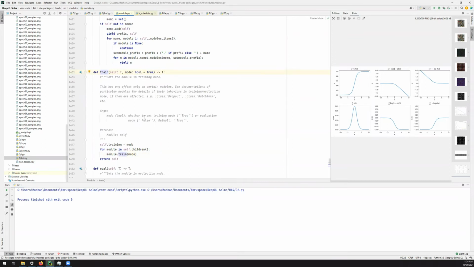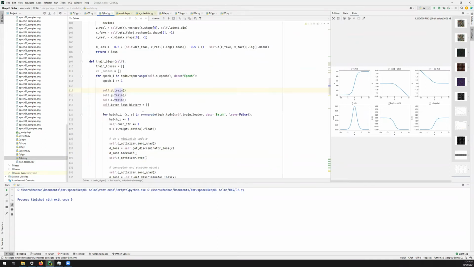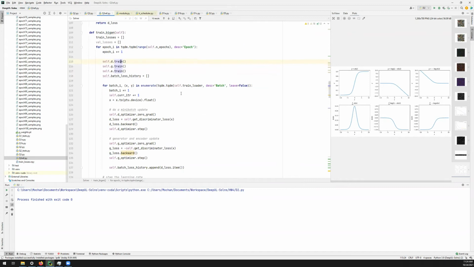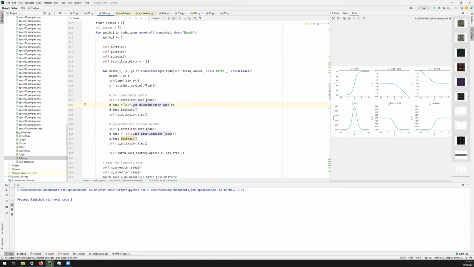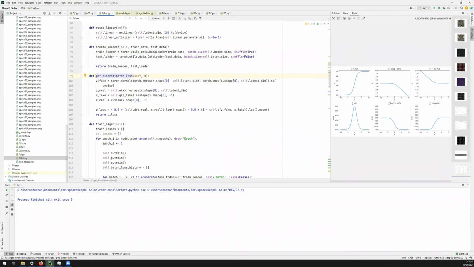I don't know what the train modules do, but okay, maybe it sets it up for training. And so here's the main step. So we have D, and then we get the discriminator loss for the D. And the discriminator loss is the same thing we looked at in the problem.